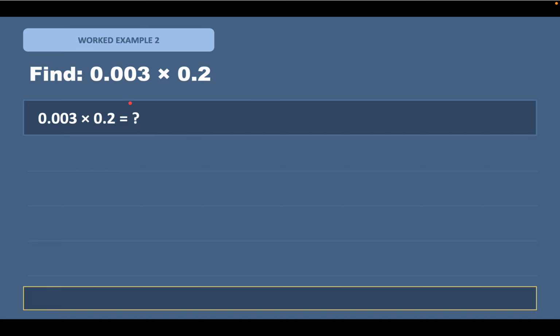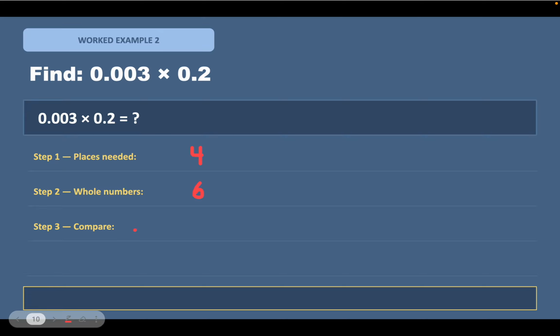All right, here, the first thing we want to ask ourselves is how many places do we need after our decimal point? So let's just count them: 1, 2, 3, 4. All right, places needed are 4 because we have 3 here and 1 here. Step 2, multiply the whole numbers. So 3 times 2 is 6. That's only 1 digit here, but we need 4 digits. So how many placeholder zeros are we going to need?